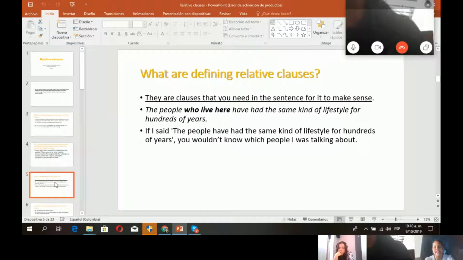What are defining relative clauses? They are clauses that you need in the sentence for it to make sense. The people who live here have had the same kind of lifestyle for hundreds of years. If I said the people have had the same kind of lifestyle for hundreds of years, you wouldn't know which people I was talking about.